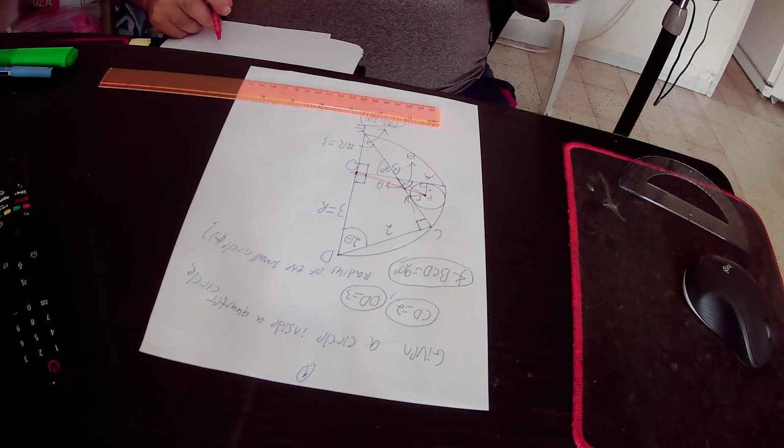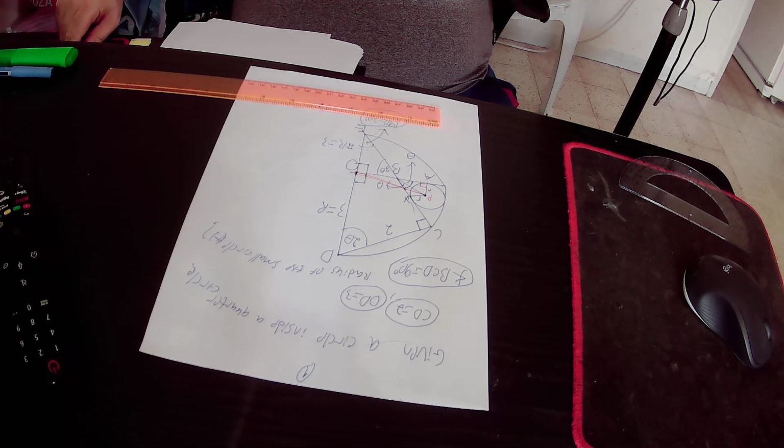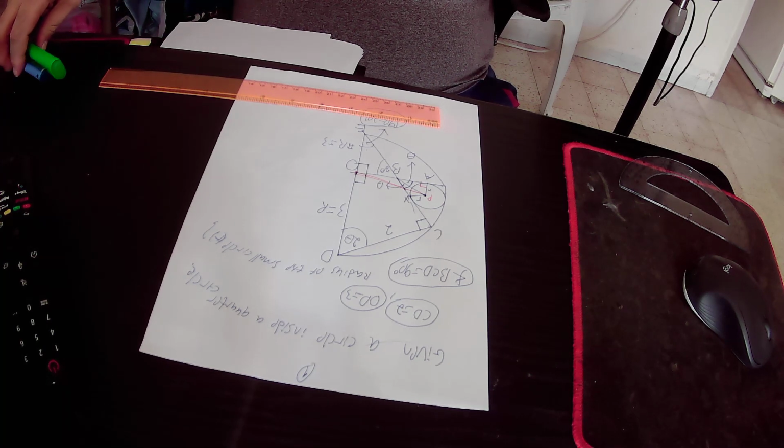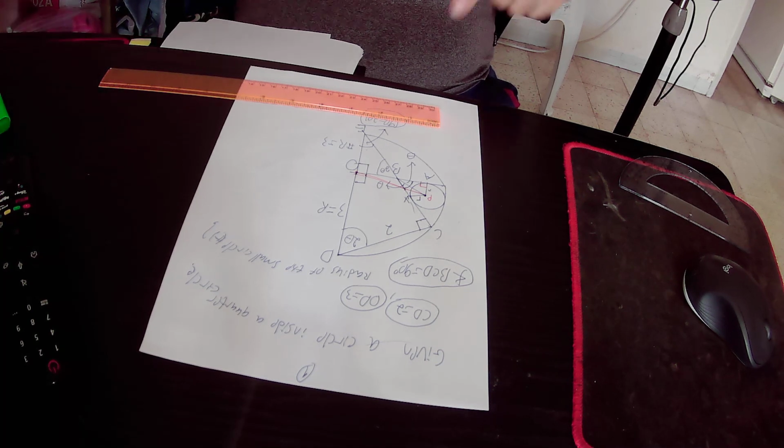This is a right angle. So actually, triangle APO is a right triangle.